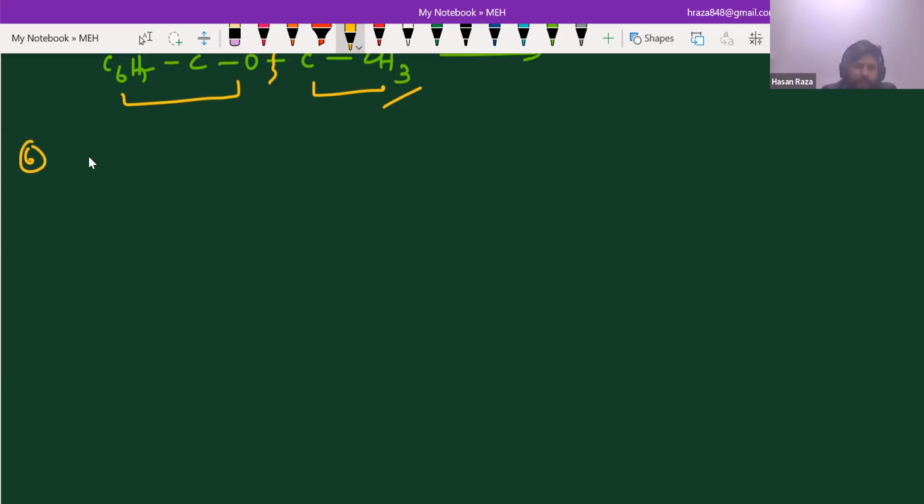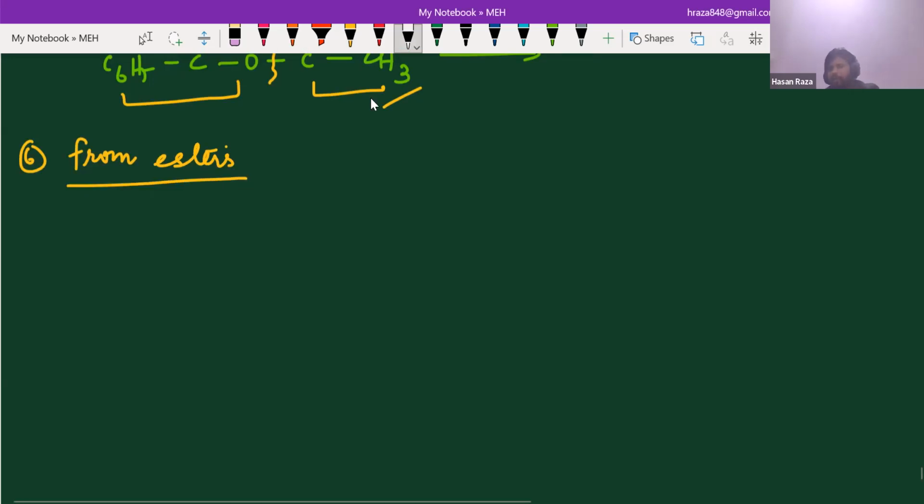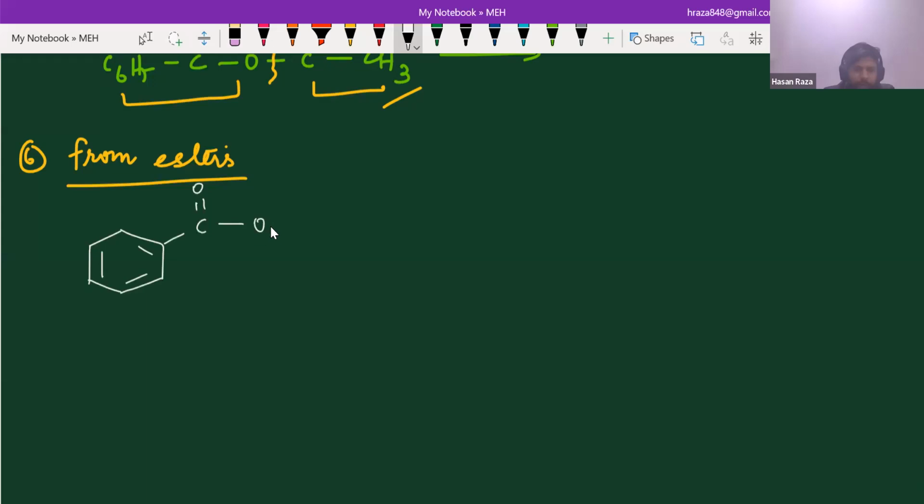Sixth, preparation is from esters. In this also, we need to do the hydrolysis in the presence of acid. So this is your ester. I'm going to make C double bond O and then OC2H5. If you do hydrolysis in the presence of acid, you will get alcohol as well as carboxylic acid.